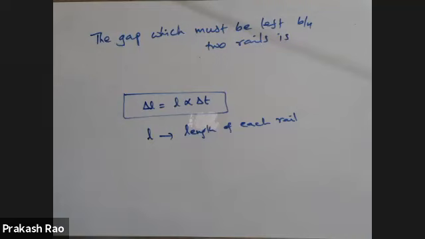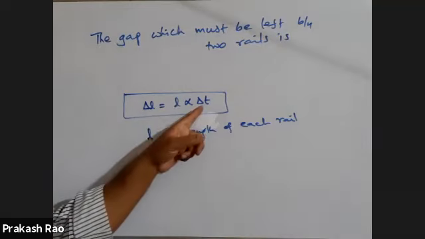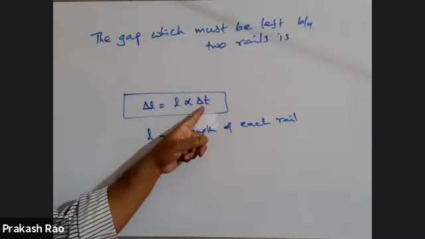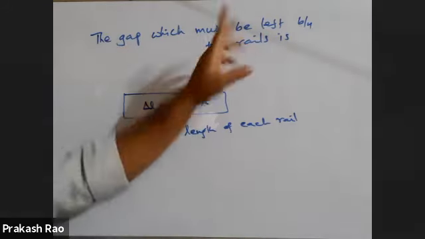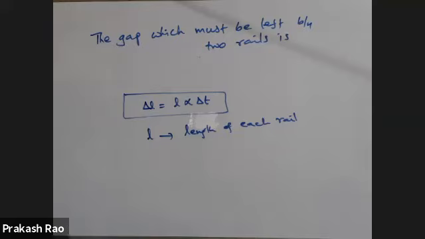This temperature difference is the minimum and maximum temperature difference. This is the gap which must be left between the two successive rails.